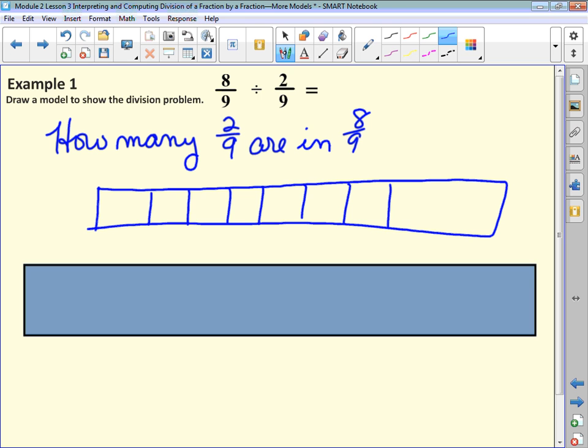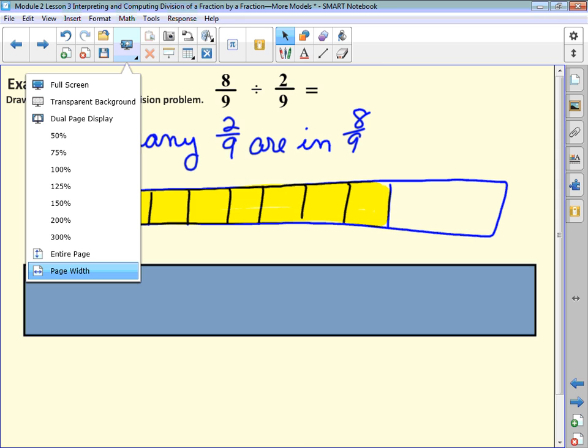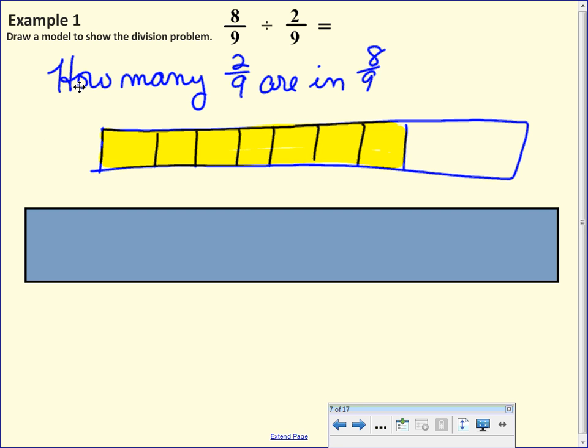So we have 8/9. What I want to do, though, is find how many groups of 2/9. So here is a group of 2/9. Here's a group of 2/9. And I did something wrong.